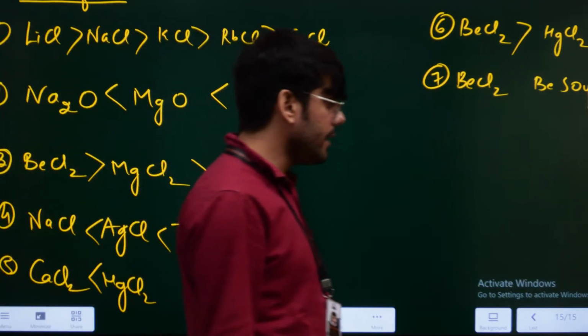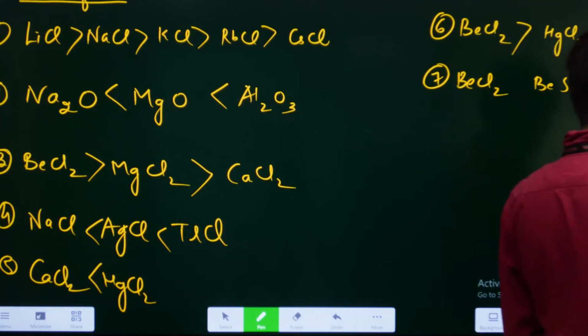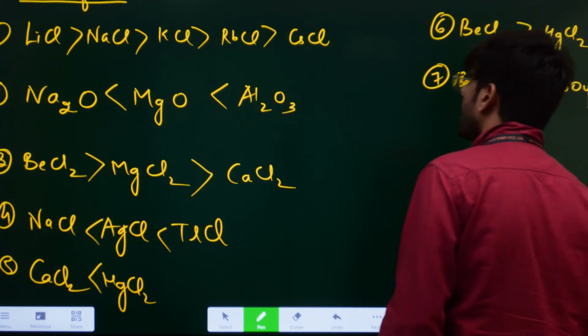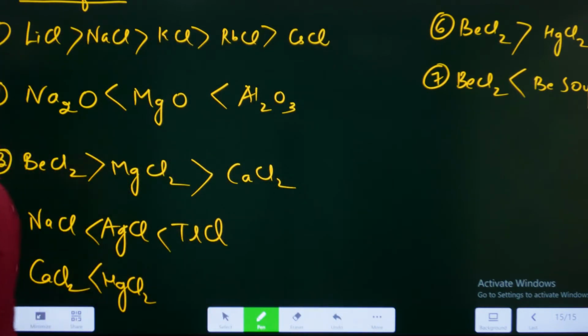Larger the anion, more will be the covalent character. As simple as that. I hope this is clear.